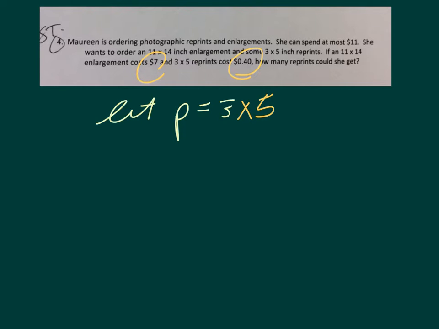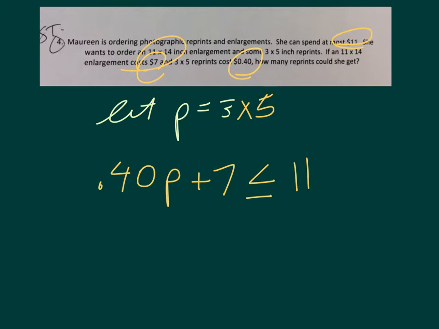So P is the number of those she's going to order. And those are 40 cents each. So 0.40, or 0.4 is fine, P, now she can spend at most $11. So plus the $7 for the big one has to be less than or equal to $11.